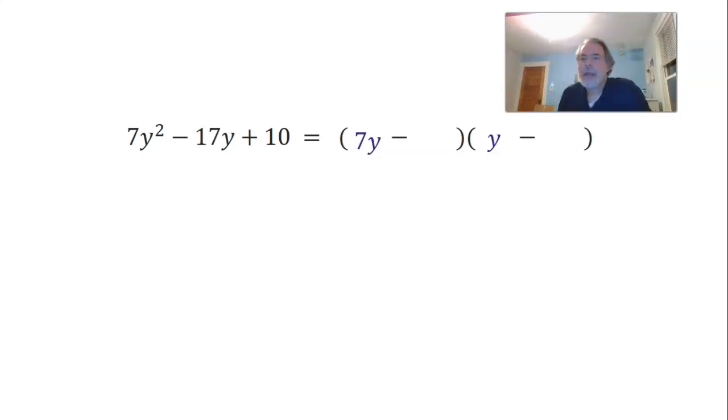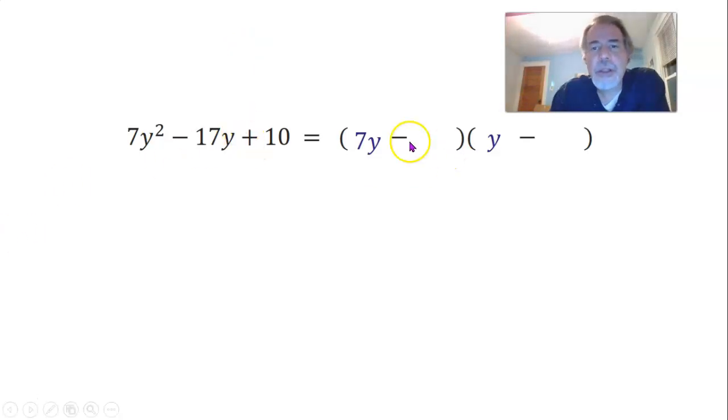And you can have a positive times a positive, or a negative times a negative would also give you positive 10. So it might be a minus 5 and a minus 2, or a minus 10 and a minus 1. And because I want the outside and the inside to add up to minus 17y, they can't all be positive, they've got to be negative.